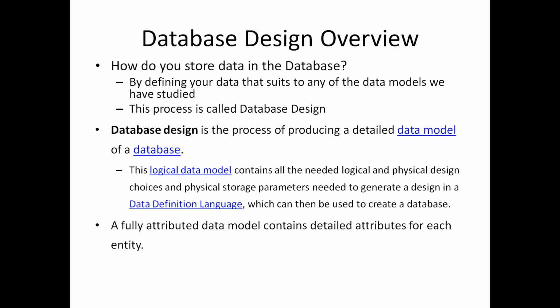You create a data model with all the attributes of your entities, and we'll look at what is an entity, what is an attribute, and all these things as part of our ER model. But you create a fully attributed data model that contains detailed attributes for each entity in your database design process.